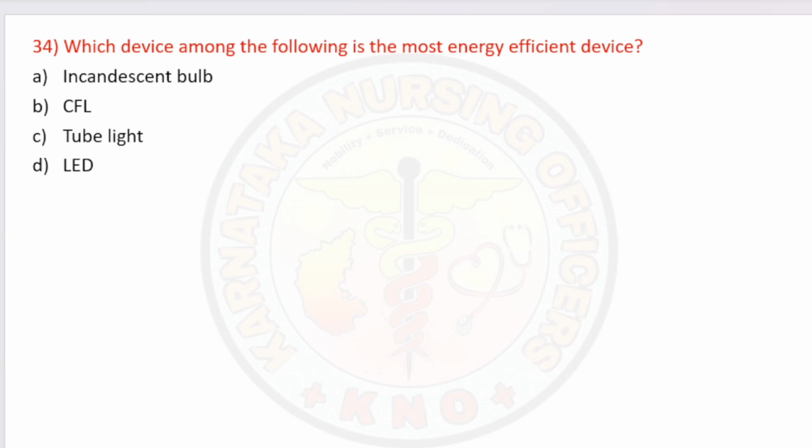Okay. So next question. Which device among the following is the most energy efficient device? Nowadays you can see LEDs being used everywhere rather than incandescent bulbs, CFLs and tube lights, right? Due to their high energy efficiency, LEDs are most often used in households, decoration purposes, everywhere.